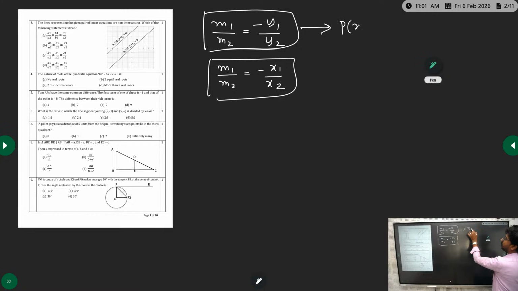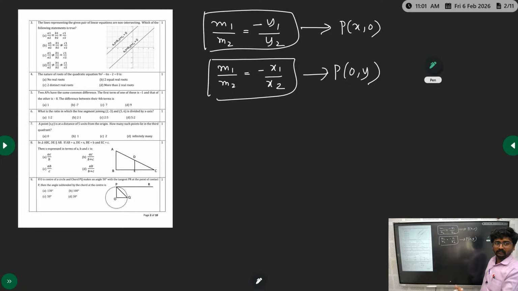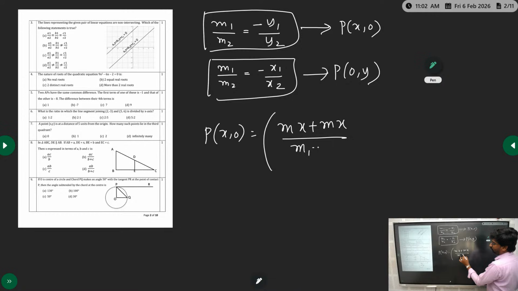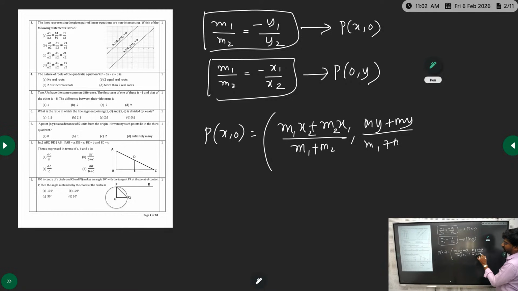Here the point is x comma 0. Here the point is 0 comma y. If I solve theoretically, it is very lengthy. Why? Because you will write first P of x comma 0. Then how to remember the formula? First I told you to write mx plus mx by m1 plus m2: 1, 2, 2, 1. Again my plus my divided by m1 plus m2: again 1, 2, 2, 1.